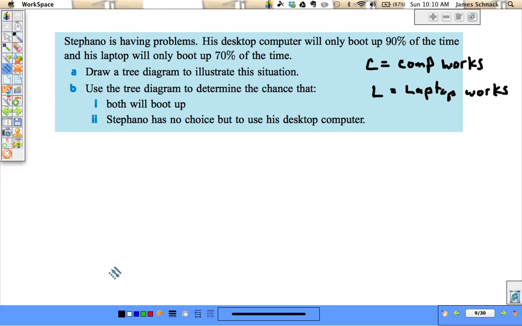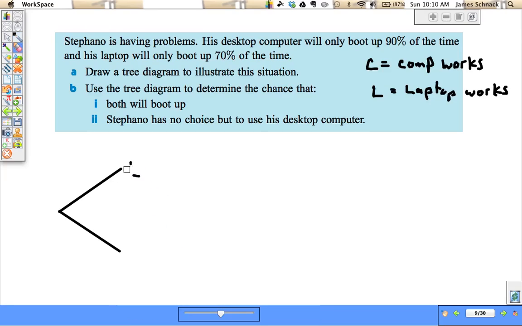So let's draw a tree diagram to show this situation. So C, start with that. What's the probability of C? Well, it's 90%, so I'm going to put 0.9 on that branch.